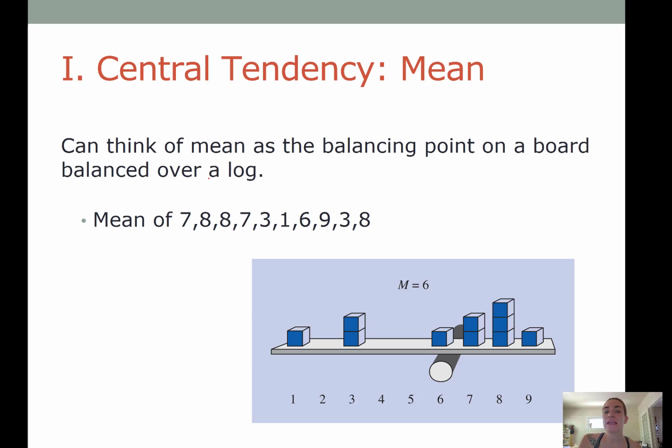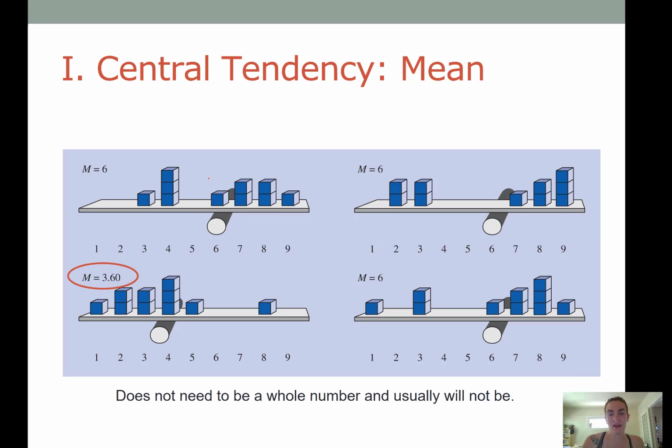We can think of the mean as being the balancing point on a scale if you took your histogram and balanced it on top of something round, something cylindrical. So the mean would be the balancing point in the data. You can see that the mean doesn't have to be a whole number, and you probably know this from your own experience. When you calculate the mean, it can be a decimal point.